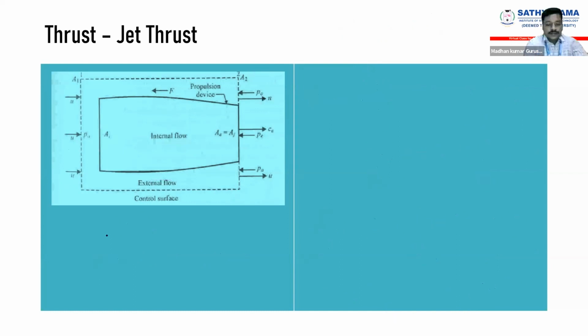So your momentum thrust will be in one dimensional form. After integration we get rho C square AE minus rho U square AE.